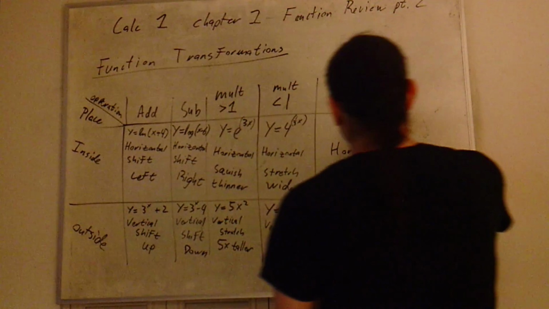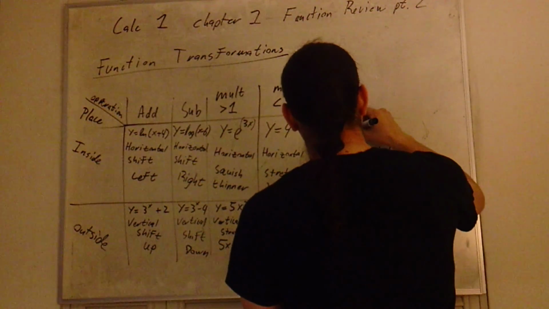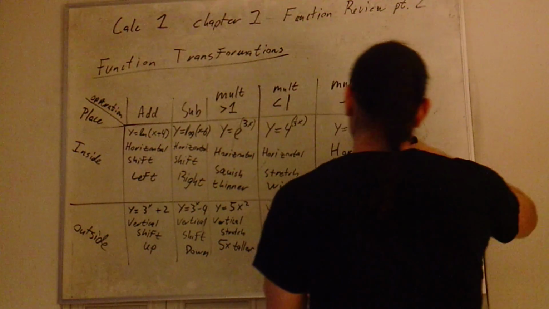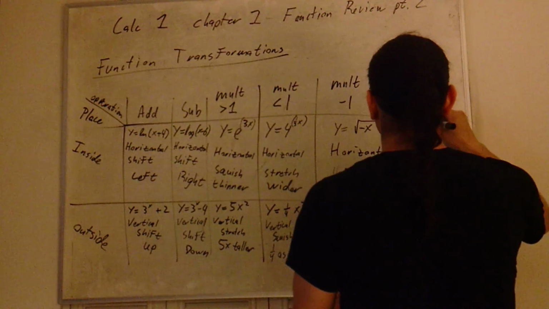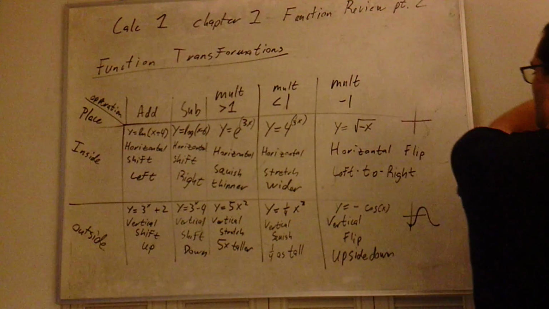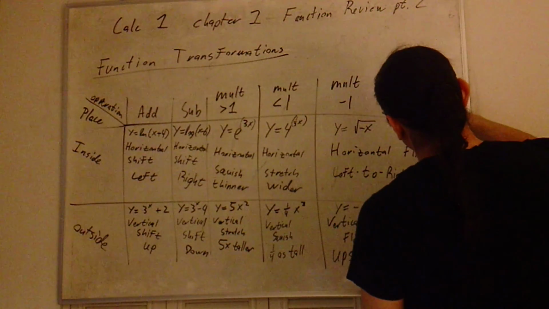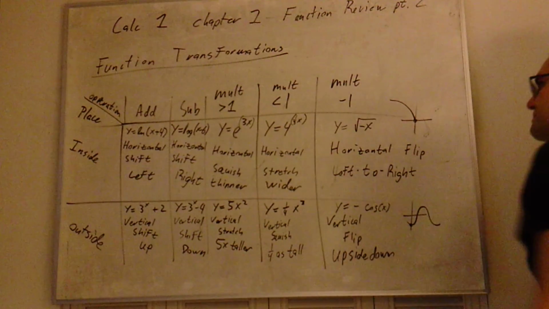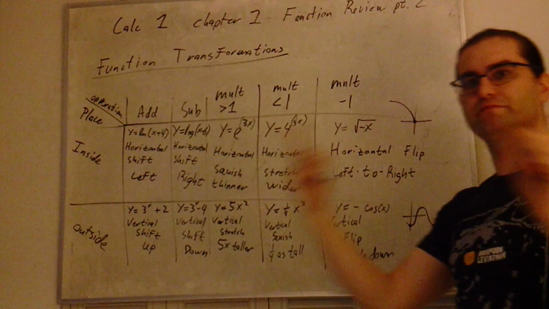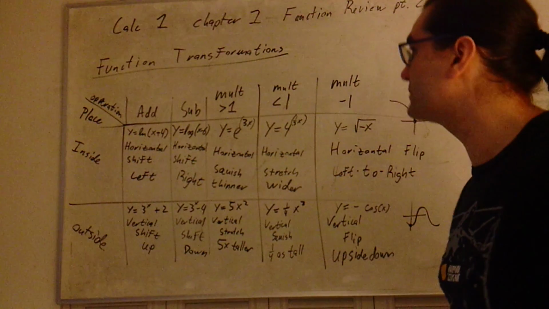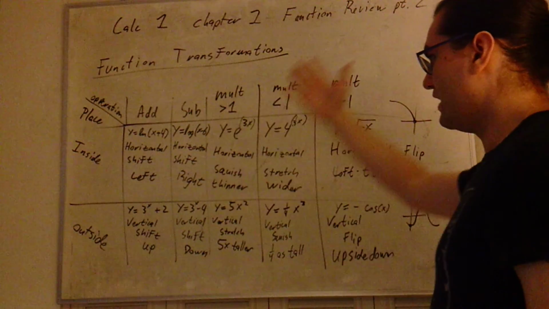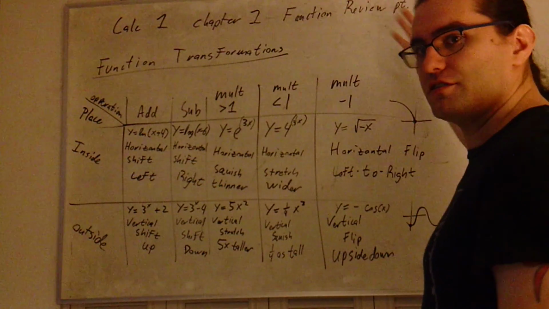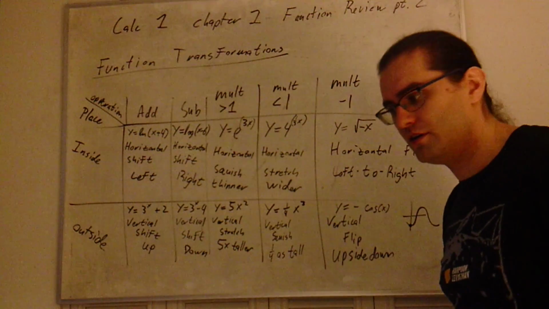So this might be something like y equals the square root of -x. Instead of going this way to the right, this will go to the left because it's been flipped front to back. This is my complete and unabridged table of transformations.